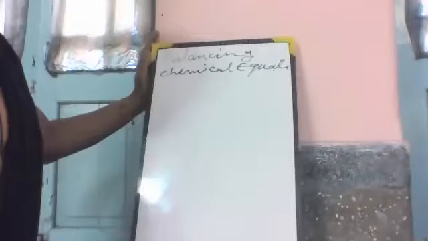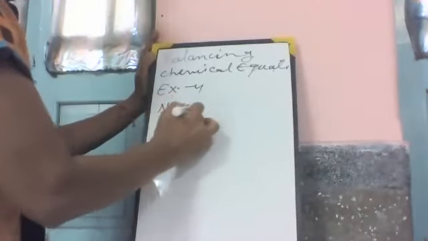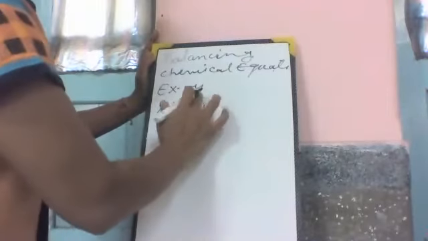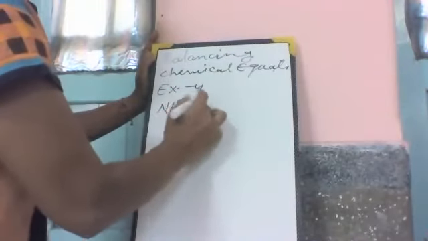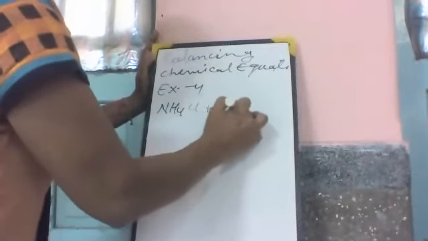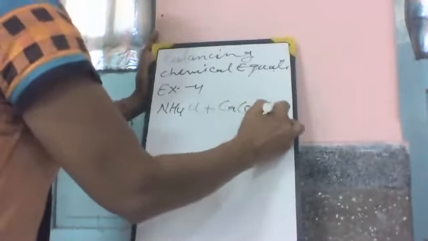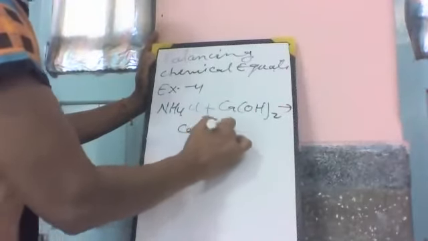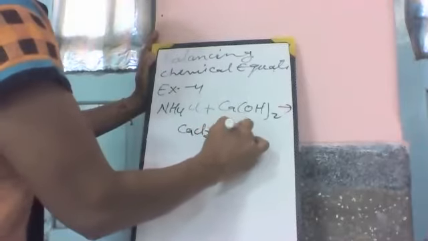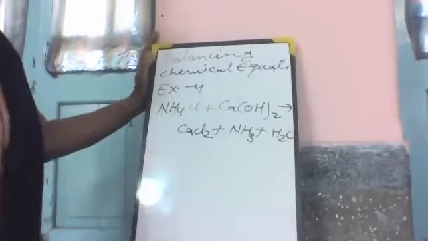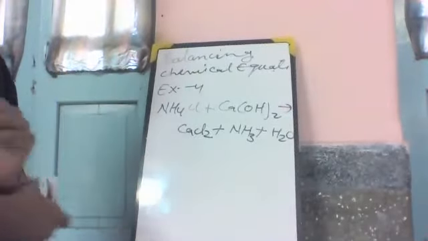In this, ammonium chloride reacts with calcium hydroxide to produce calcium chloride, NH3 and H2O. See, what is the procedure?